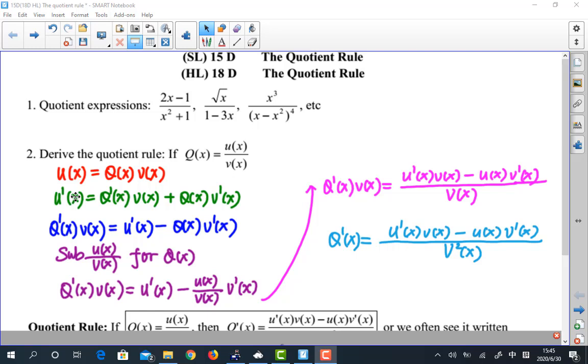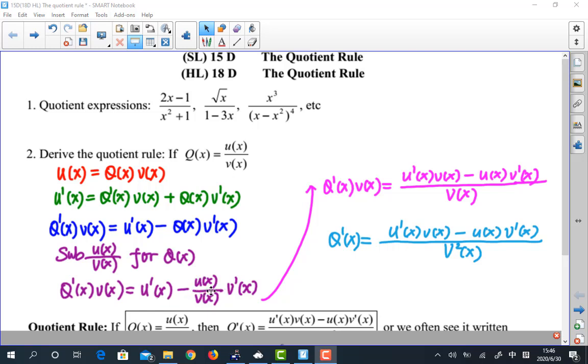Then swap both sides of the equality. Therefore, we can get the blue one, which is q prime x times v equals u prime minus q times v prime. What is q? Q is u over v. So I sub u of x over v of x for q of x. So we replace q of x with this quotient form.